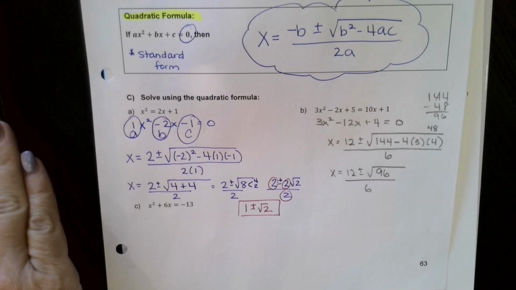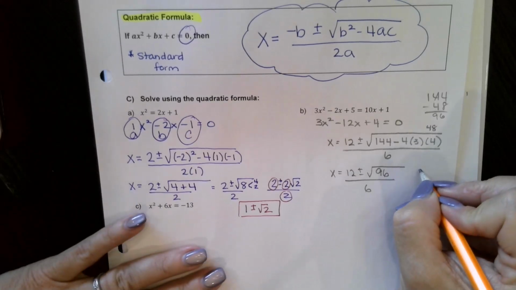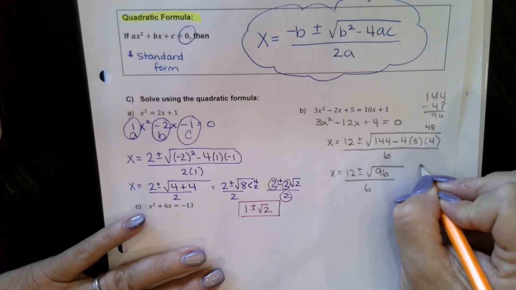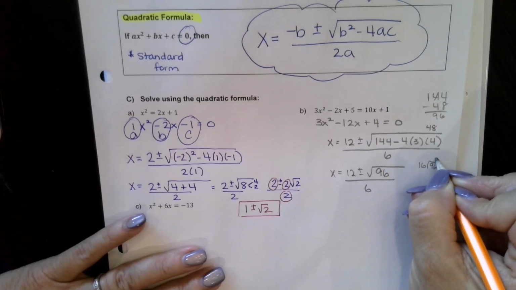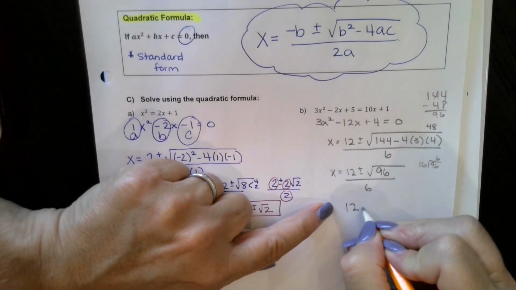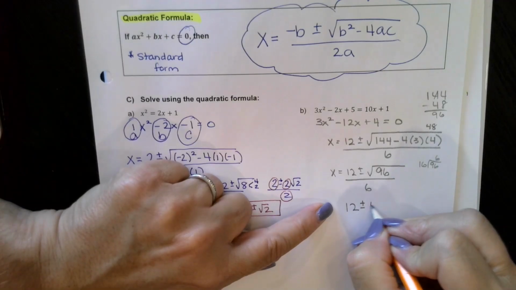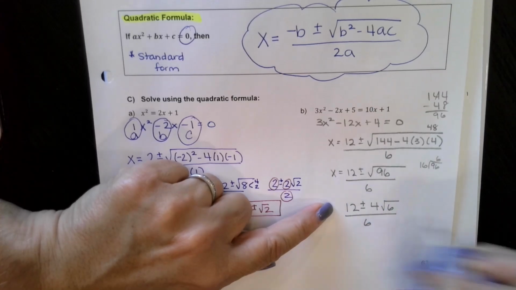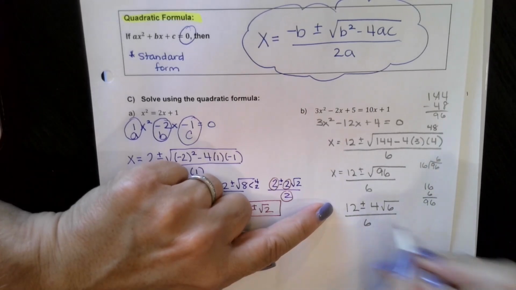I'm going to say it's probably going to be 16. So 16 into 96, what's that give me? 6. Okay, so what I have here is 12 plus or minus 4 square root of 6 all over 6, right? Because 16 times 6 is 96, and that's where this comes from.